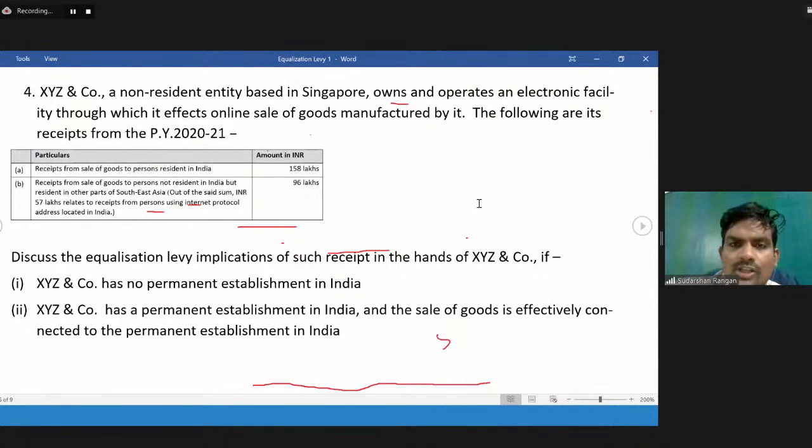So 2.0 was not there last year. See, 2.0 was never there in assessment year 2021, Vignesh. So nobody was paying taxes.